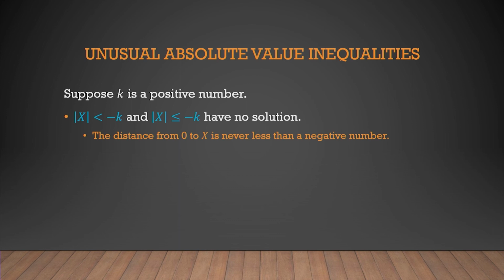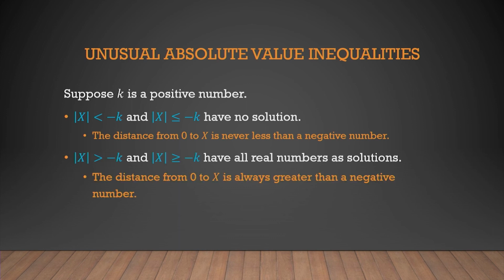On the other hand, if the absolute value of x is greater than negative k, or the absolute value of x is greater than or equal to negative k, then all real numbers are solutions because the distance between 0 and x on the number line is always greater than a negative number.